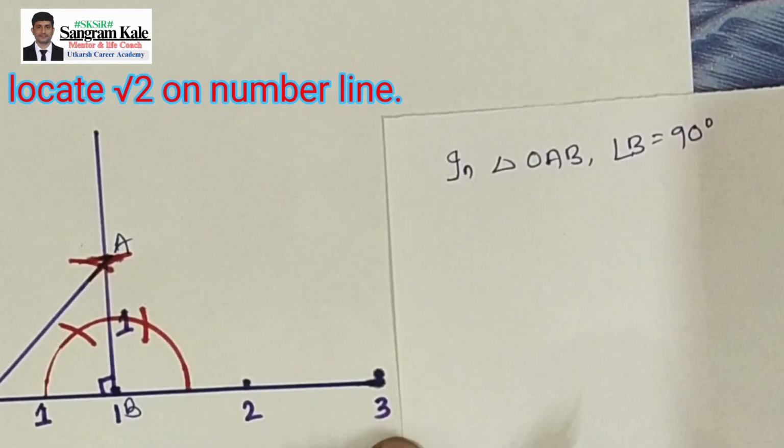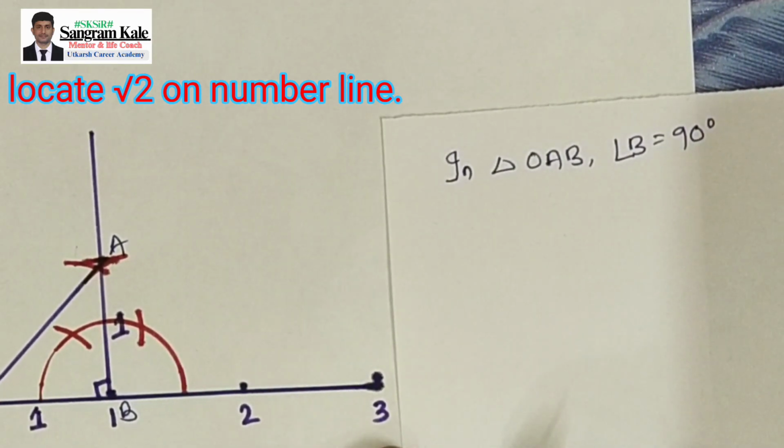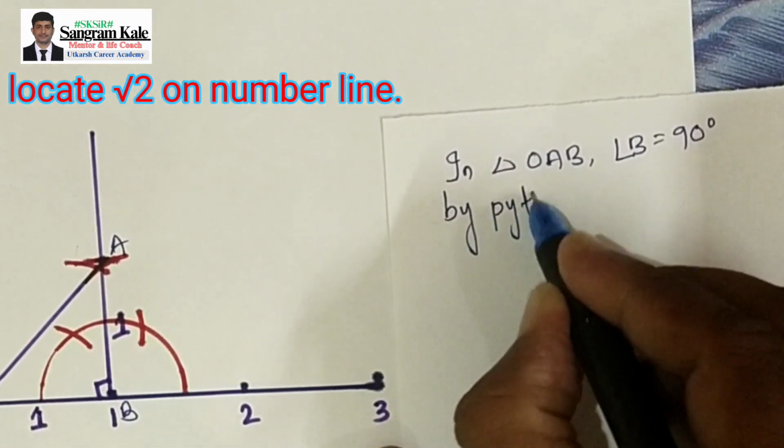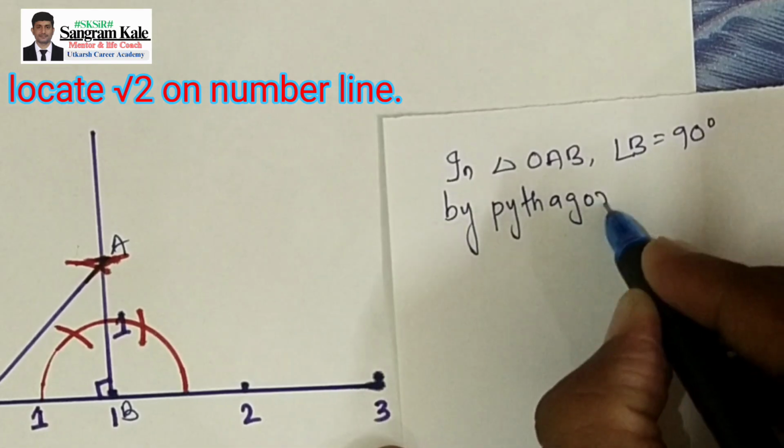Yes, B is equal to 90 degrees. And you know that if it is a 90 degree angle, then OBA is a right angle triangle, and to the right angle triangle we apply the Pythagoras theorem.